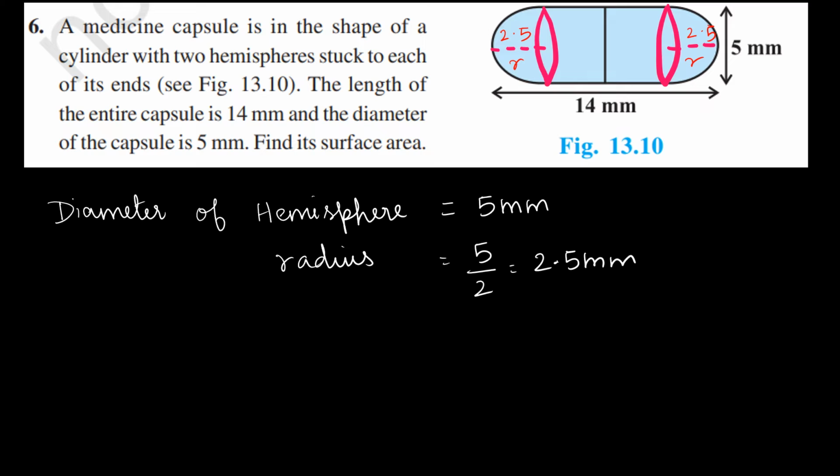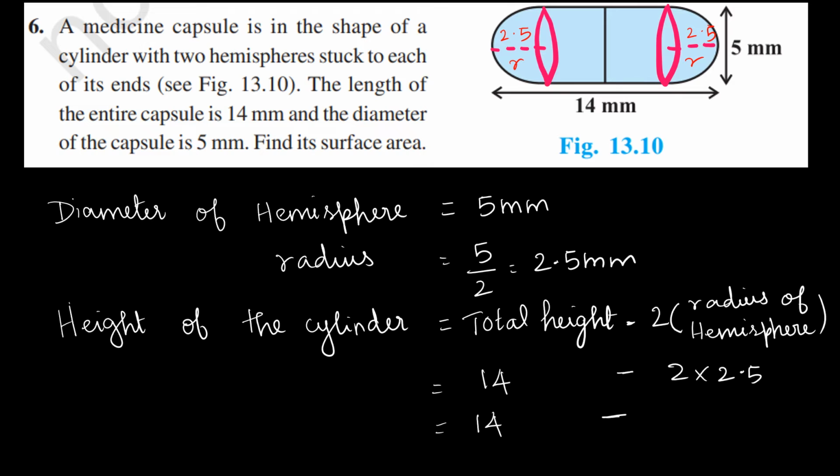So in the total length 14, you have to subtract this 2.5 and this 2.5. So 2 into 2.5 will become 5. So 14 minus 5 equal to 9 is the length of the cylinder. So that is what we are going to write now.